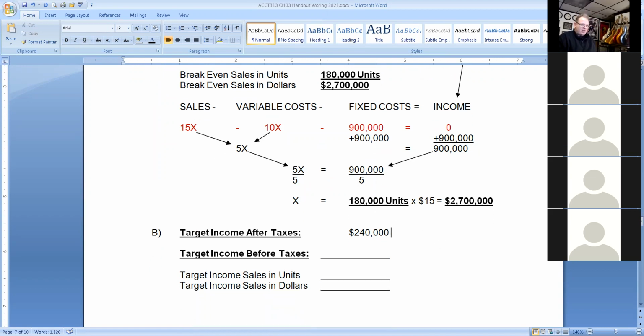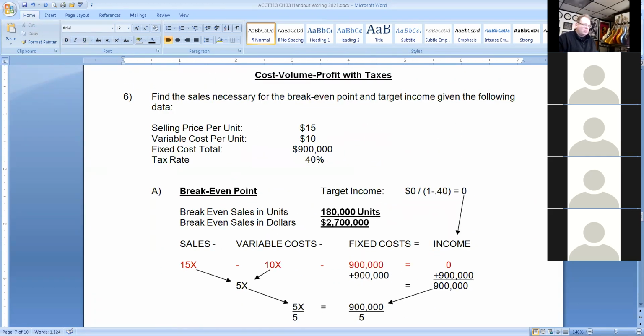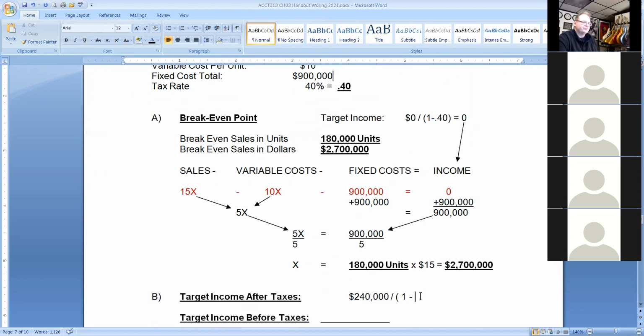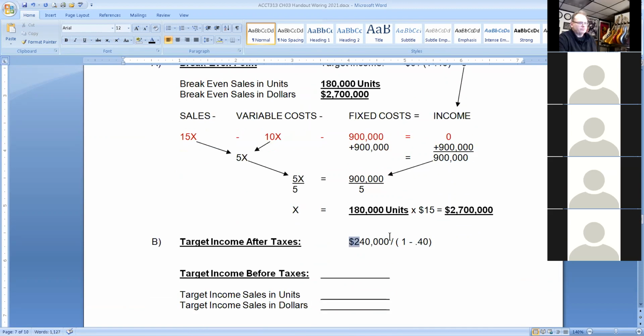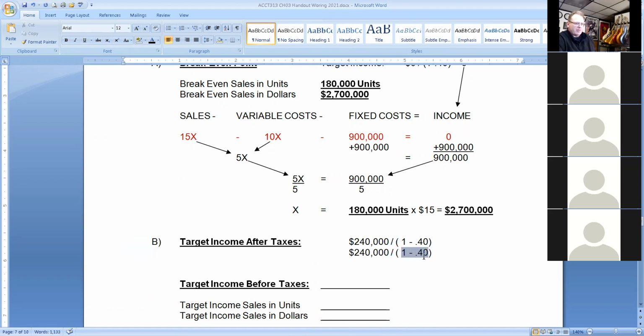Okay, target income. So down here, we have 1 minus, and the tax rate is 40%, which I'm going to turn into 0.40 just to make it easier to work with. So over 1,000 divided by 0.6.